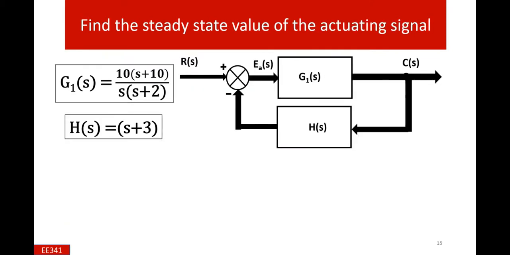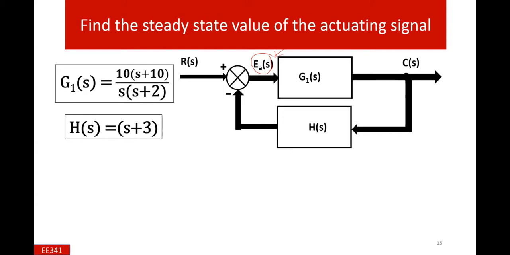The next part is to find the steady state value of the actuating signal, and for the given system the actuating signal is given by this one. We already described that if this is a unity feedback, then the difference between the input and the output gives the error signal, and here we have the actuating signal since it is a non-unity feedback. So how do we find the steady state value?